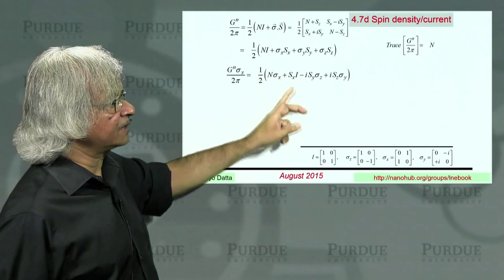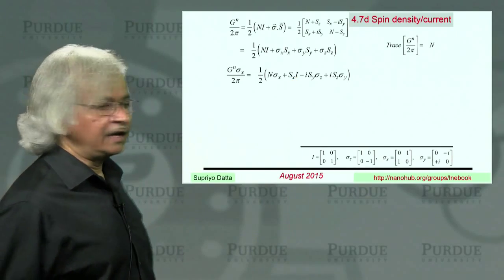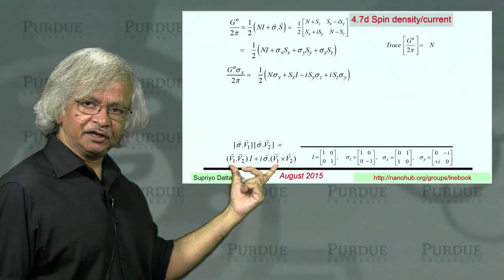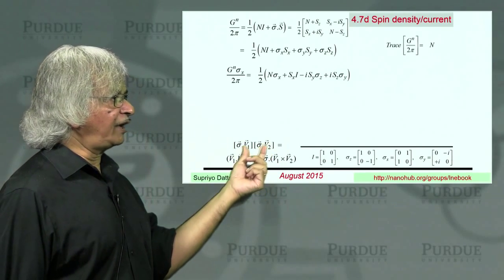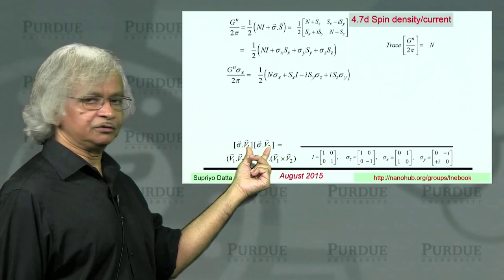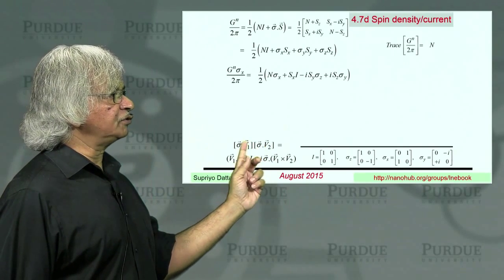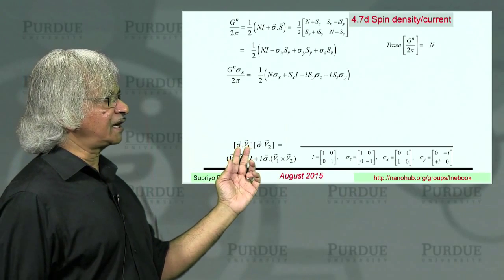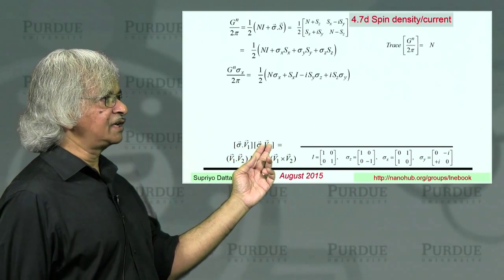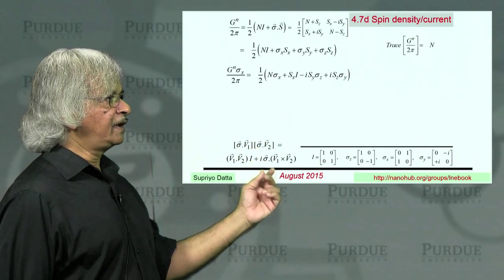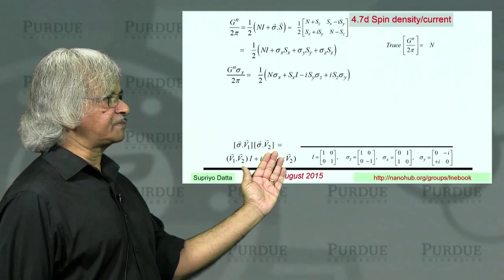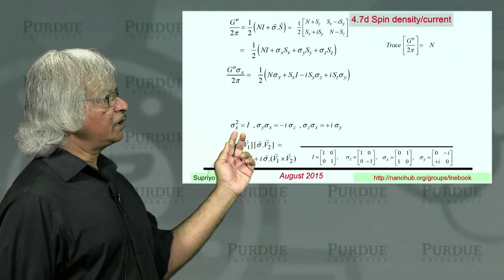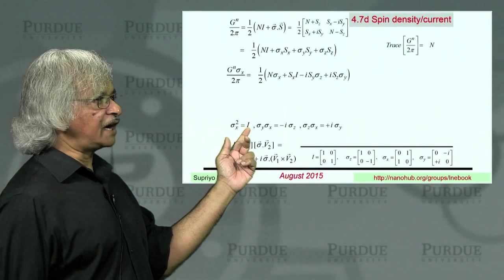And the thing is, sigma x squared is actually I. And this you can see from this general relation that I had stated earlier, that is obeyed for any arbitrary vectors v1 and v2. So if we choose v1 and v2 to be the unit vectors in the x direction, then this becomes sigma x, that's also sigma x, so you get sigma x squared. X cross x is 0, so that drops out. X dot x is 1, so you get I.